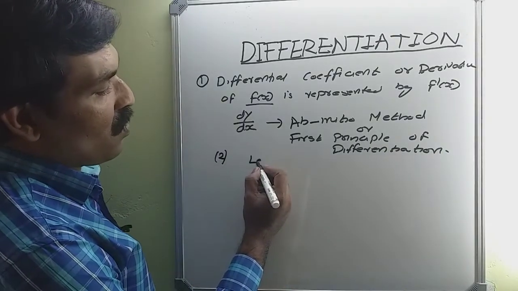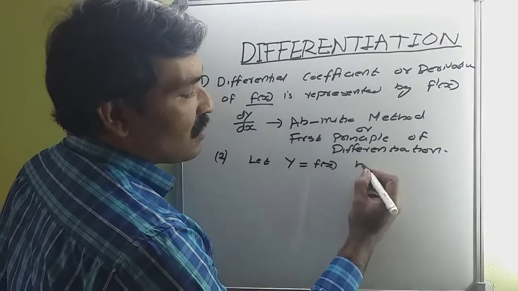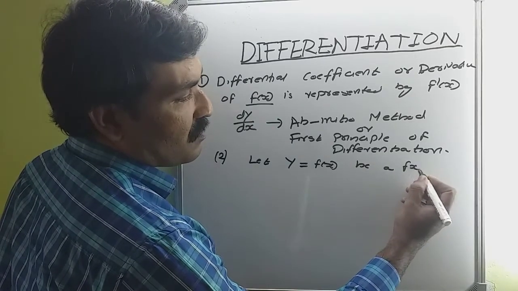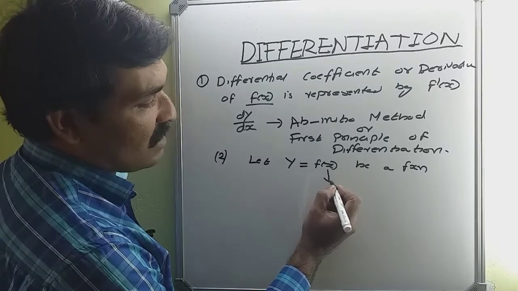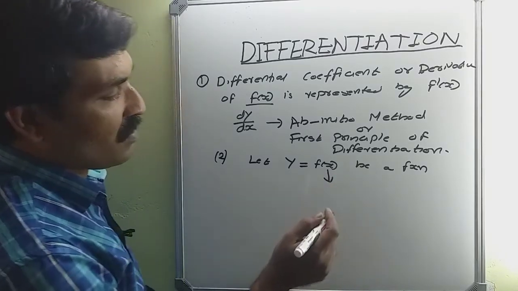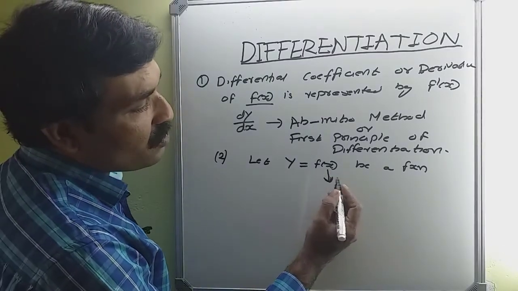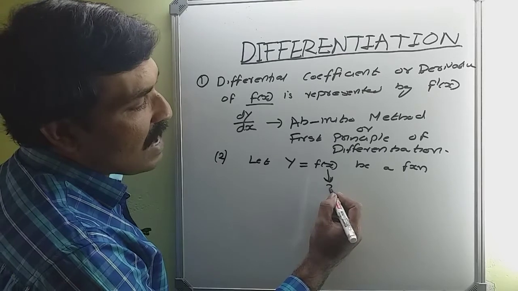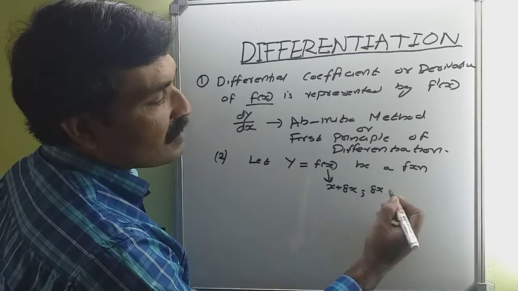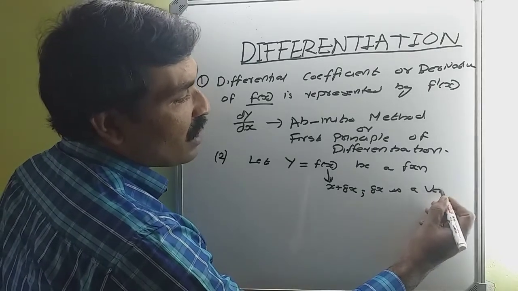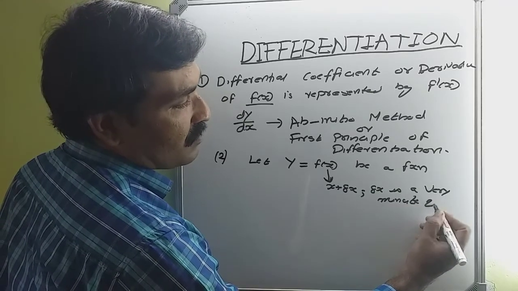Let y is equal to f of x be a function. Then suppose the value of x changes to x plus del x, where del x is a very, very small, minute quantity.